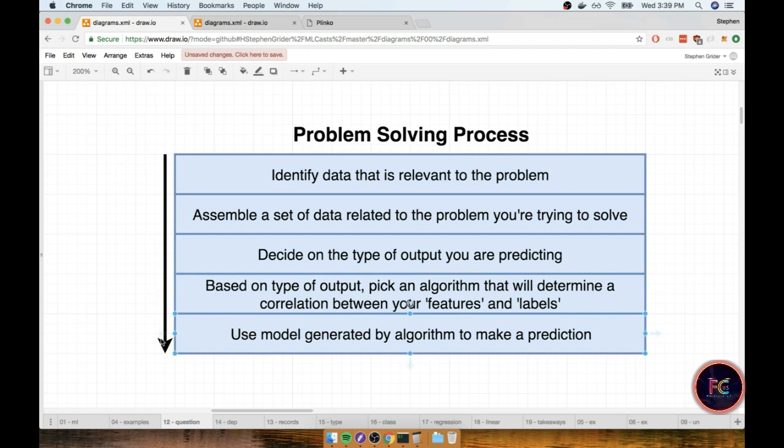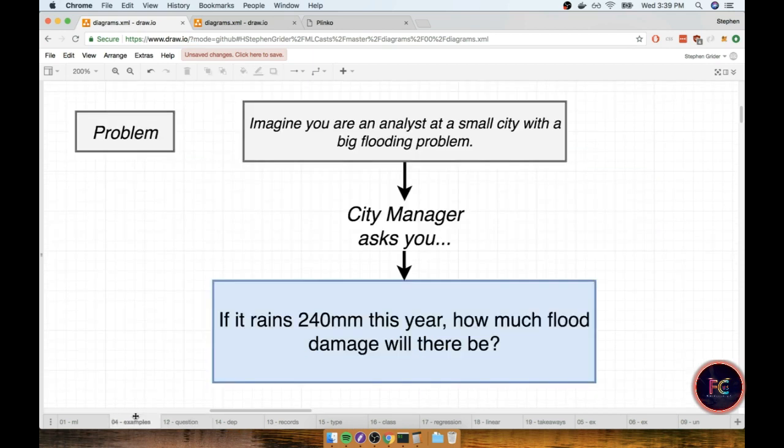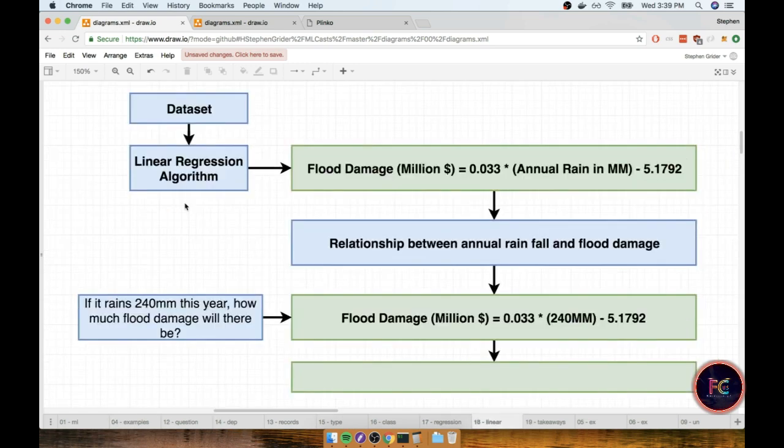So after that, we would then use our model, or whatever the output from this algorithm is, to make a prediction, which in our case is to predict how much flood damage there will be if we have 240 millimeters of rainfall. So let's imagine that we walk through this step together. We take this data set and pass it into some algorithm called a linear regression algorithm, which is an actual algorithm that we're going to learn a lot about later on inside this course.